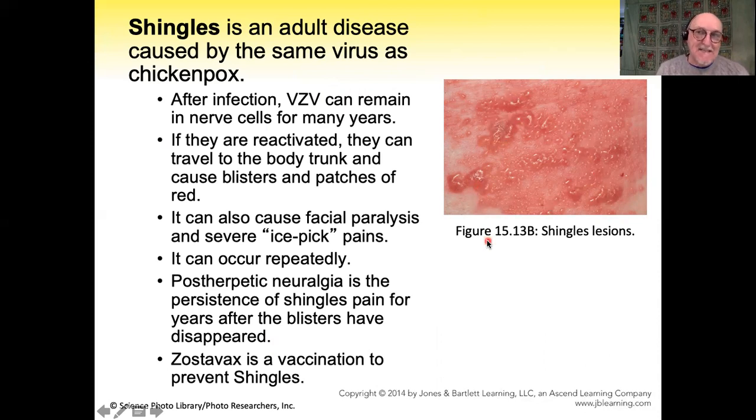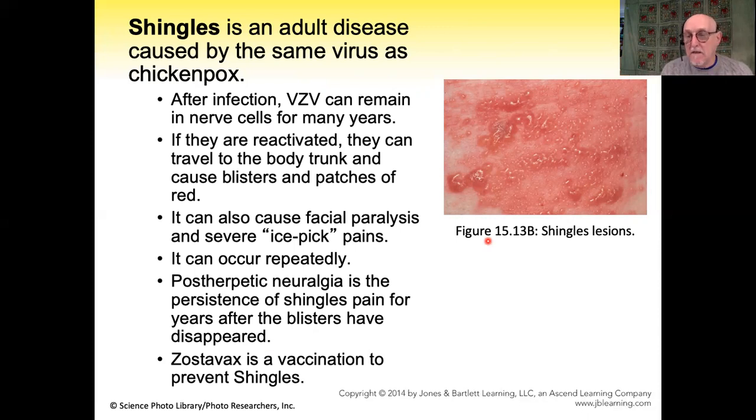Very, very sensitive to the touch or to movement, even to air movement, people complain about. The duration of a shingles outbreak varies, and unfortunately, a single shingles outbreak often is a precursor to recurrent outbreaks.